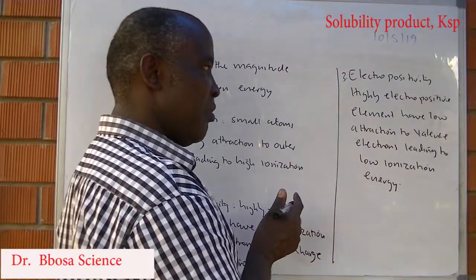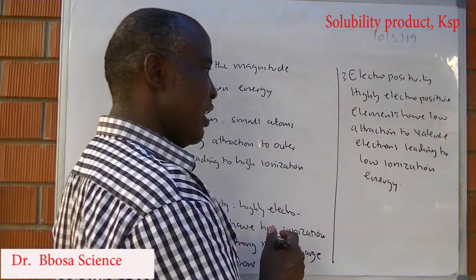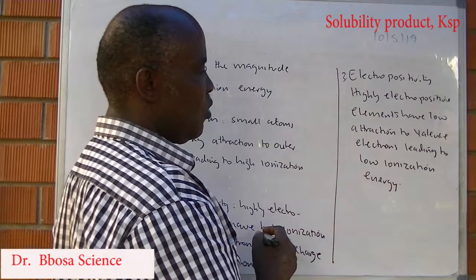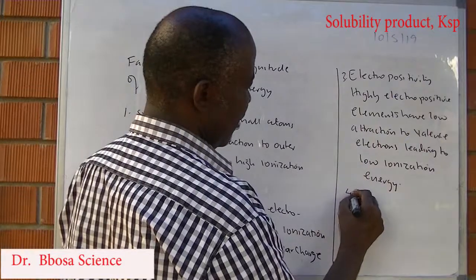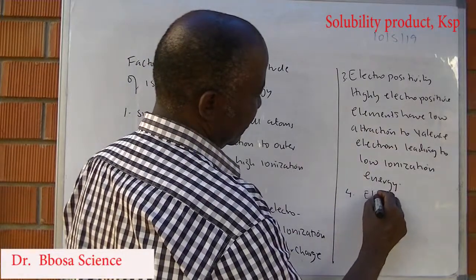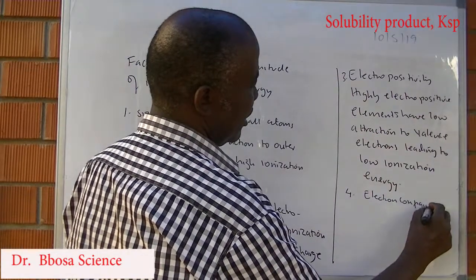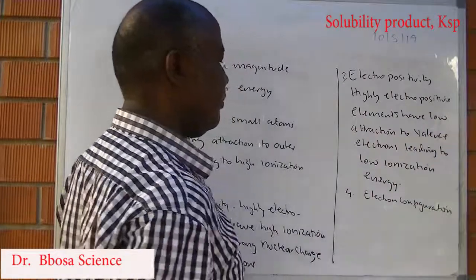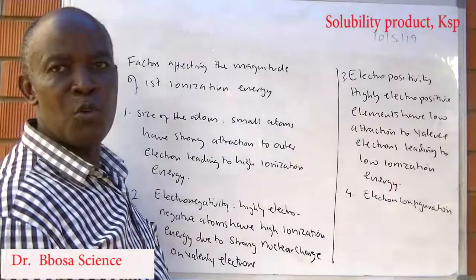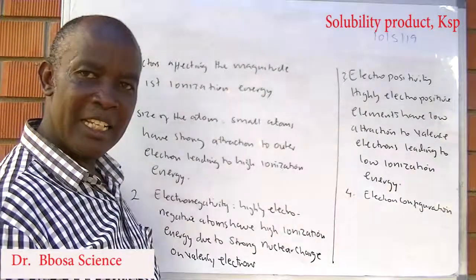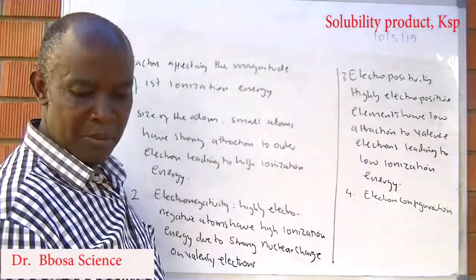Highly electropositive elements have low attraction to valence electron, leading to low ionization energy. Then 4. electron configuration, atoms with stable electronic configuration or full orbital have high ionization energy compared to other elements.